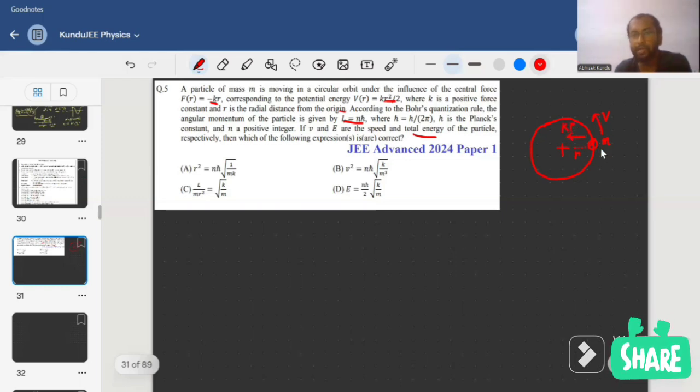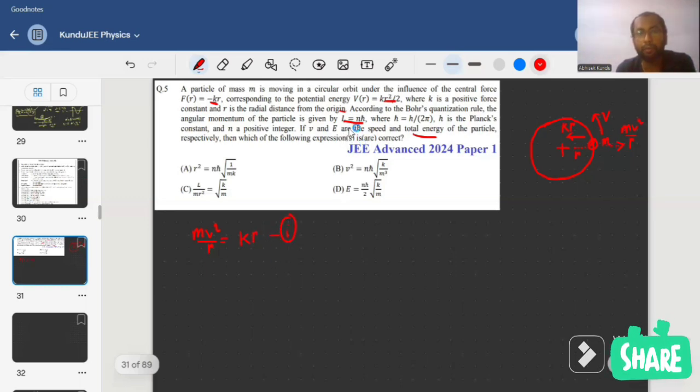As the particle is rotating in the circular path with velocity v, there will be a centrifugal force in the opposite direction, that is mv square by r, and these two forces will be balanced. So mv square by r will be balanced by the central force, that is kr. This is the first equation.